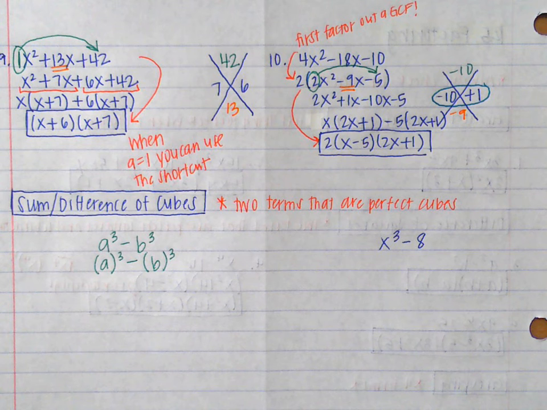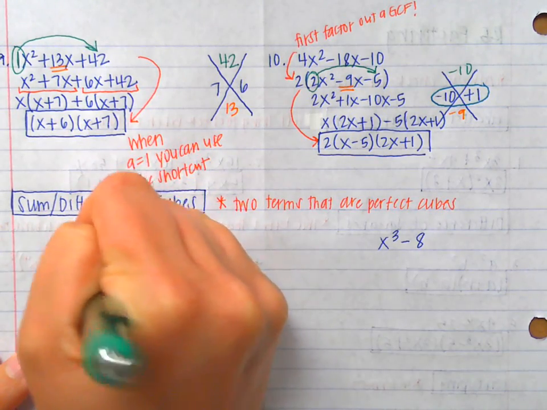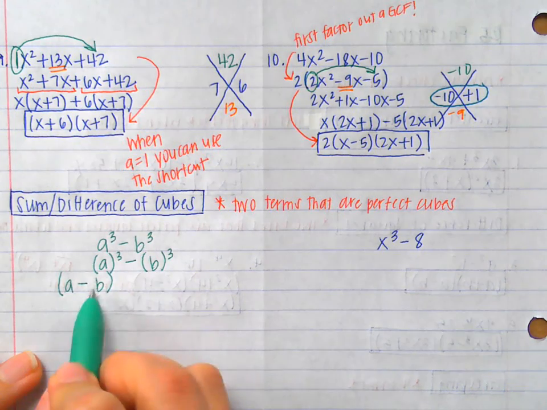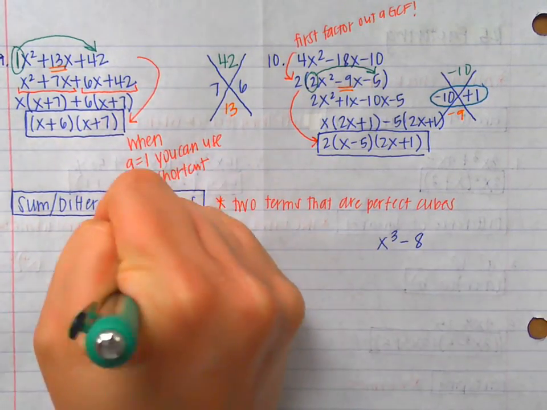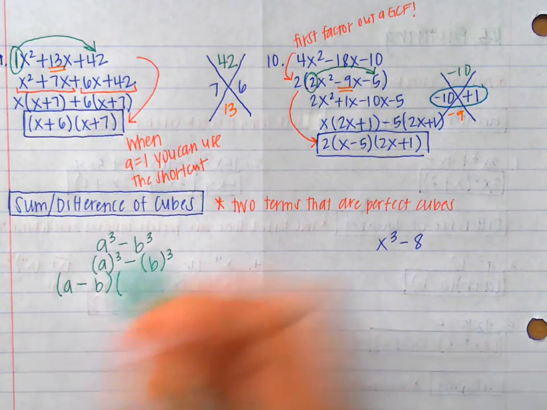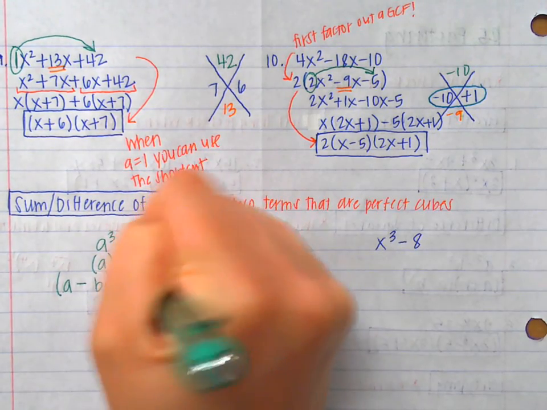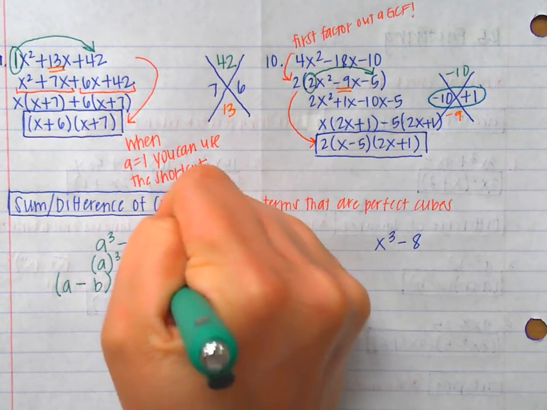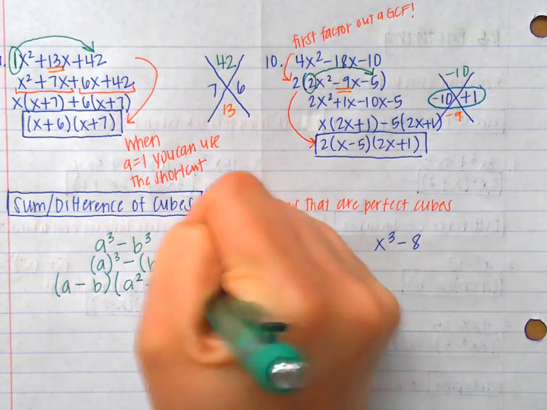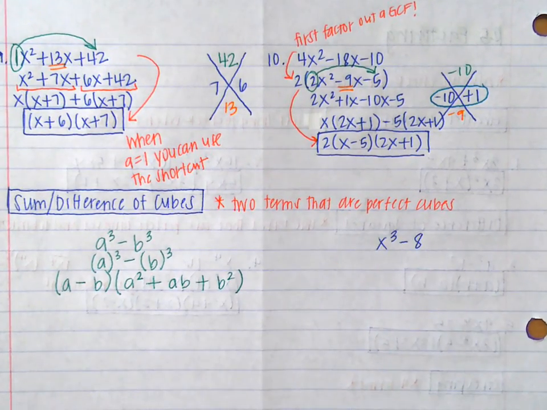The pattern is my first term minus my last term, and we'll talk about the signs in a second, times my first term squared, so a squared, plus my first term and my last term multiplied together, so a times b, plus b squared, the last term squared.